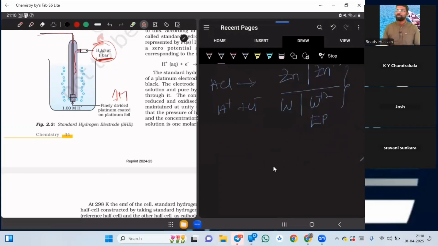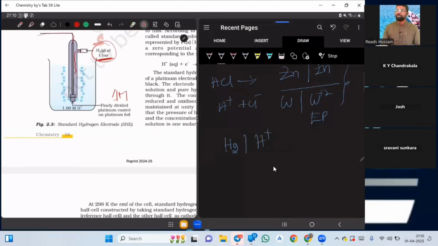Similarly here, hydrogen gas, hydrogen molecules and hydrogen ions are in contact with each other, and there exists some potential difference. That potential difference is called the electrode potential of hydrogen.